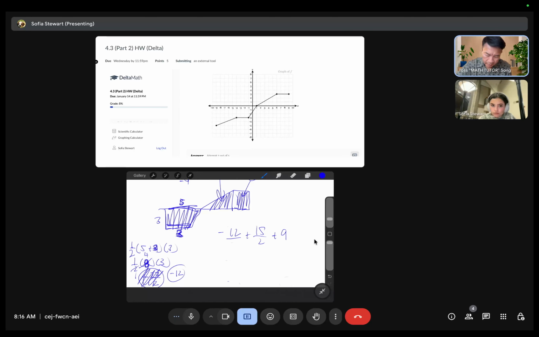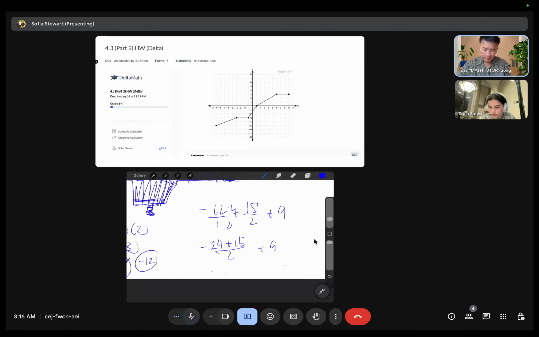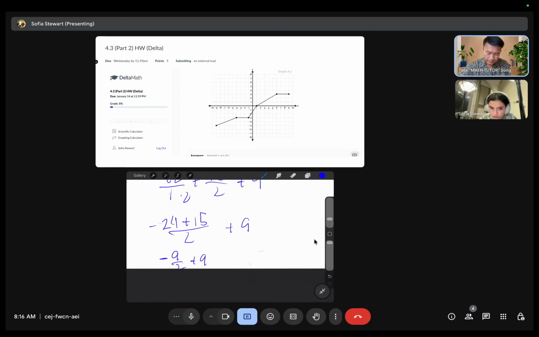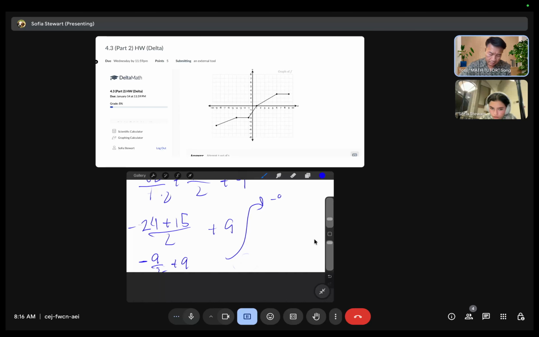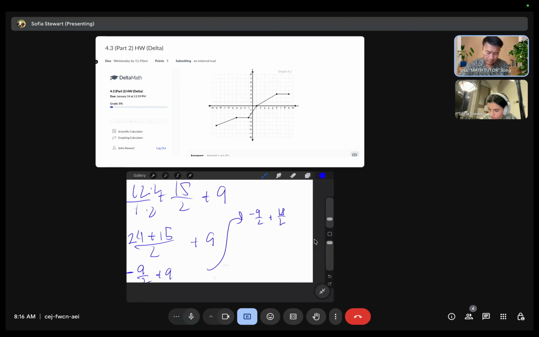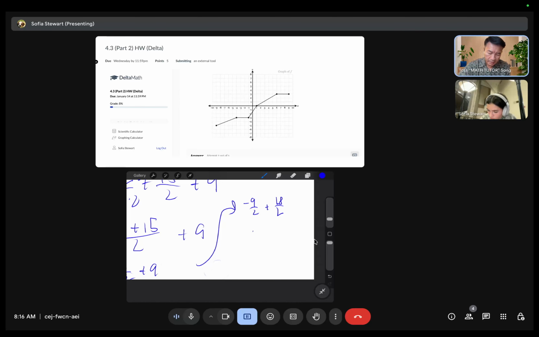So here, it's negative 24 plus 15 halves plus 9. What is that? Negative 9 halves plus 9. So it's going to be 9 halves.